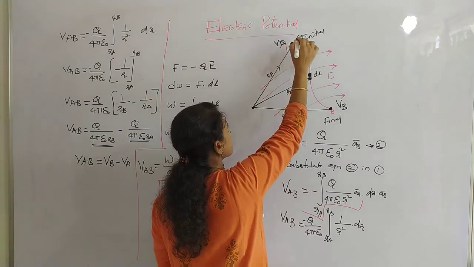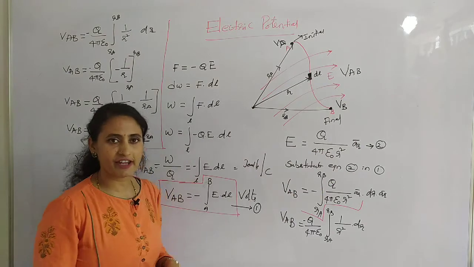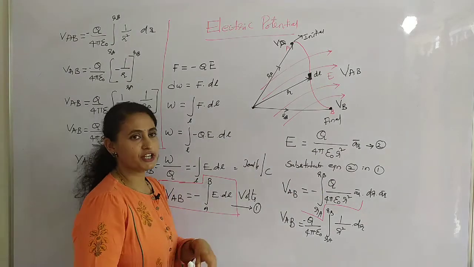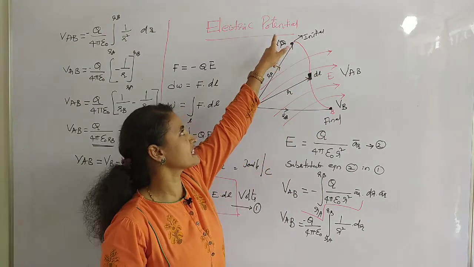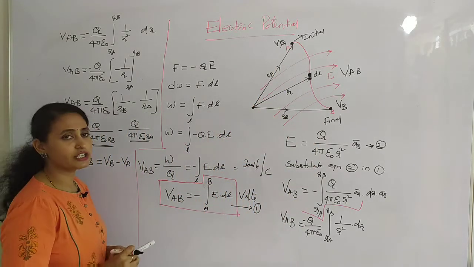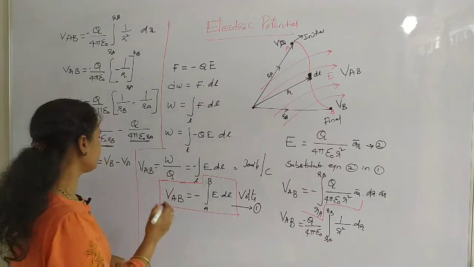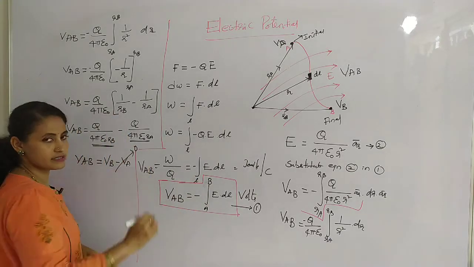So this is nothing but VAB, the potential at the final point with respect to the potential at the initial point. And we know that always the potential at the start point will be 0 only, means VA is 0 only.